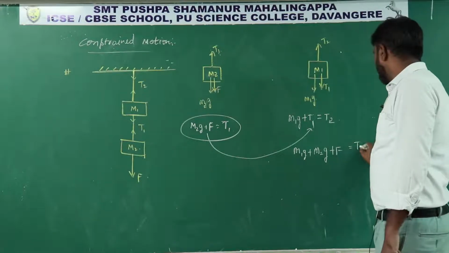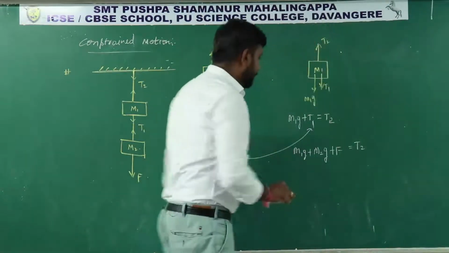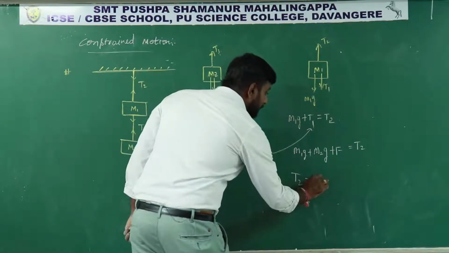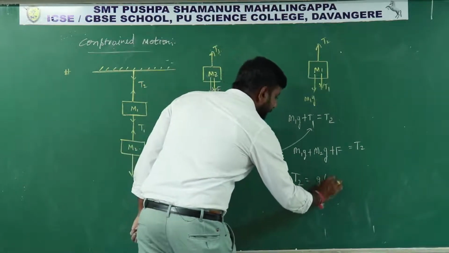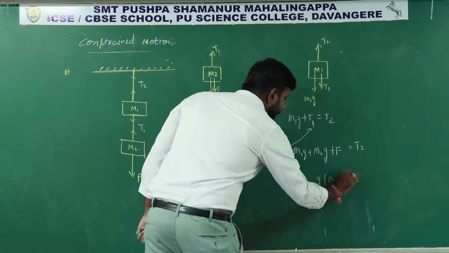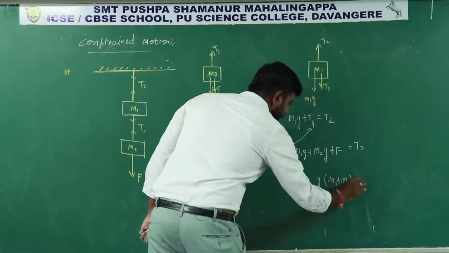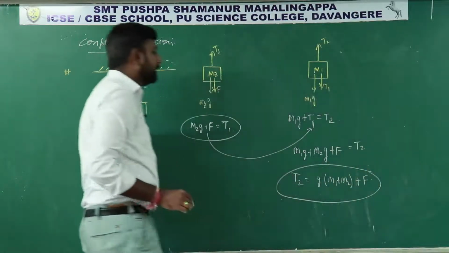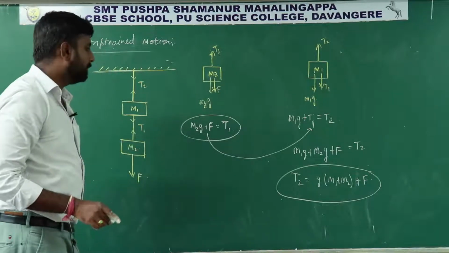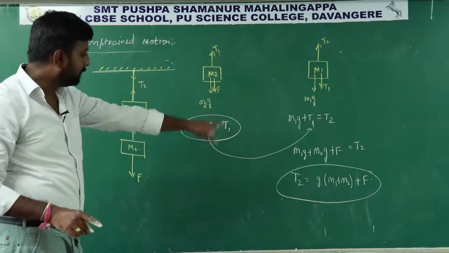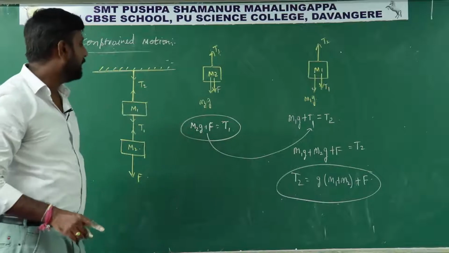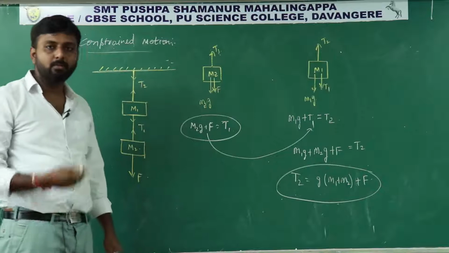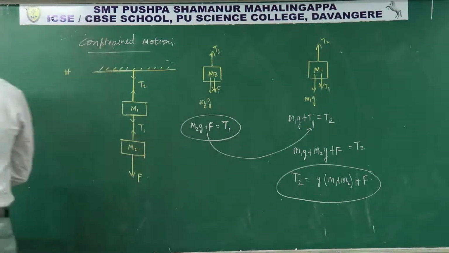This is equal to T2, or T2 value I can write as g into m1 plus m2 plus F. That is the value of T2, and tension T1 value is m2g plus F. In this way, we have to solve these problems.